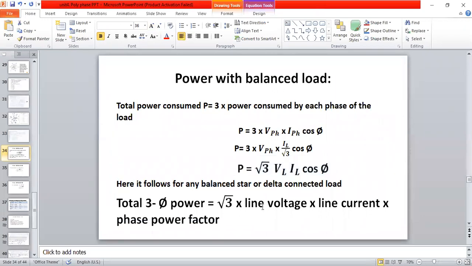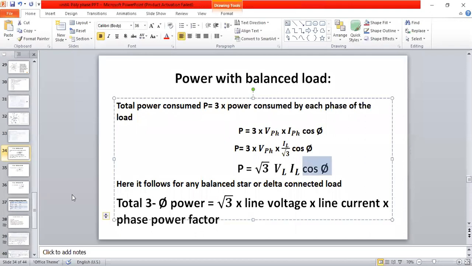This final power equation holds for any balanced star or delta connected load. So total three-phase power equals root 3 into line voltage into line current into power factor, where cos phi is the power factor.